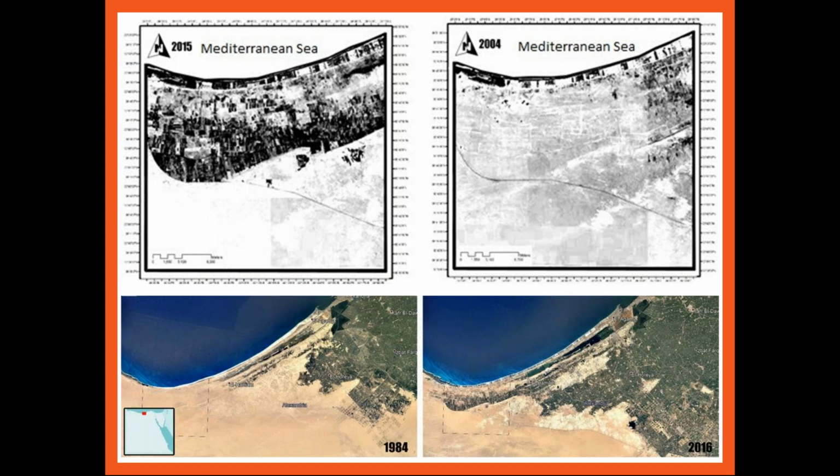The satellite map in the blue part is after 30 years of human development and agricultural expansions that cause the deterioration of the coastal area of one of the protected areas in Egypt. Next slide, please.